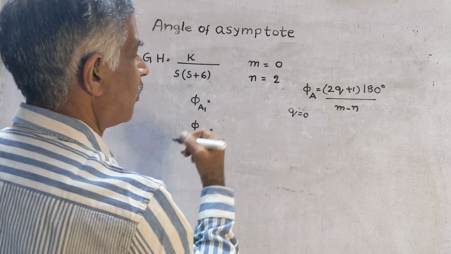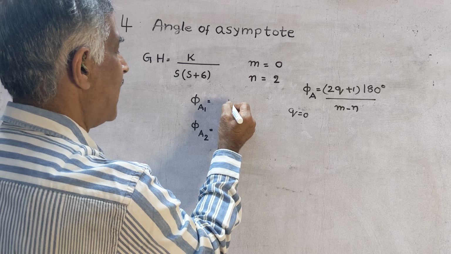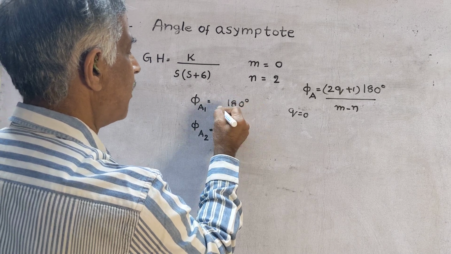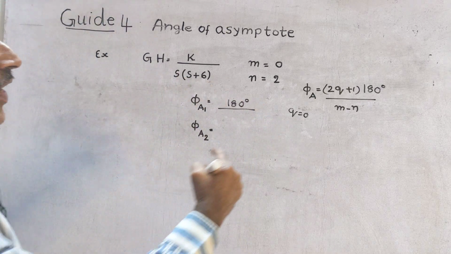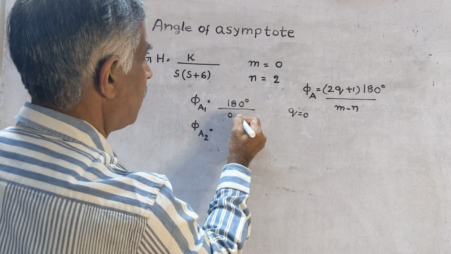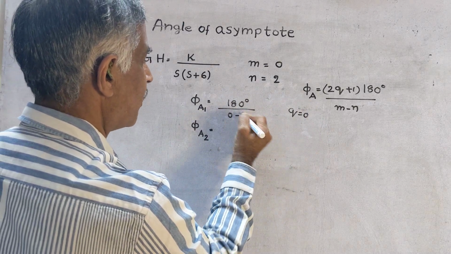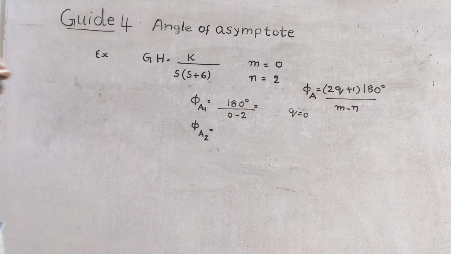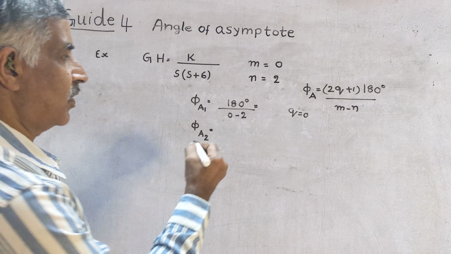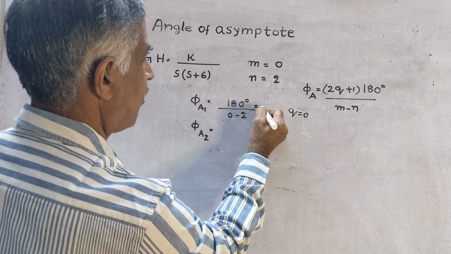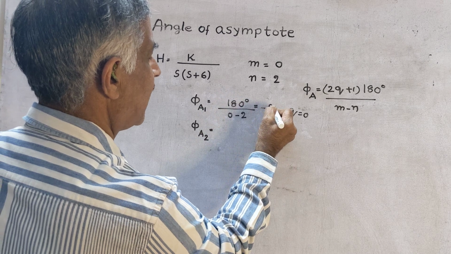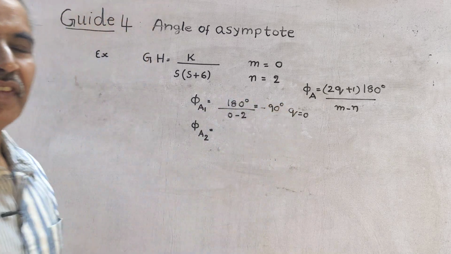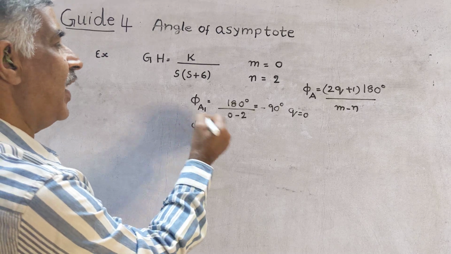Therefore, 180 degrees divided by 0 minus 2, because there are two poles. Therefore, it is minus 90 degrees. Next, phi a2.